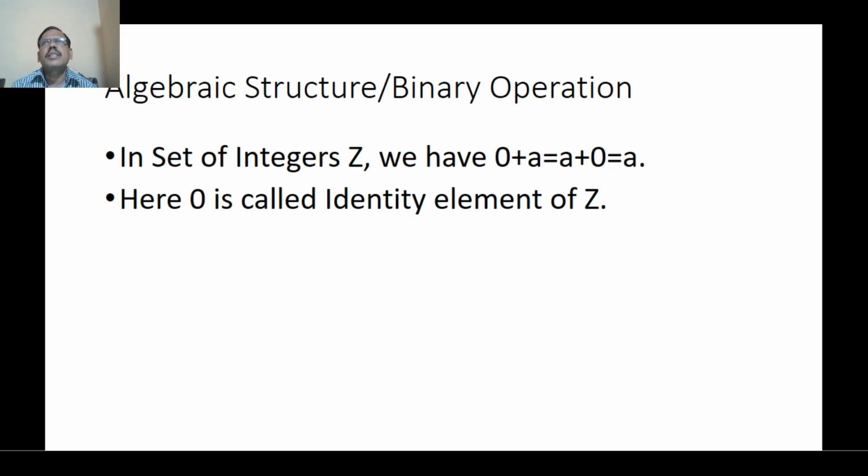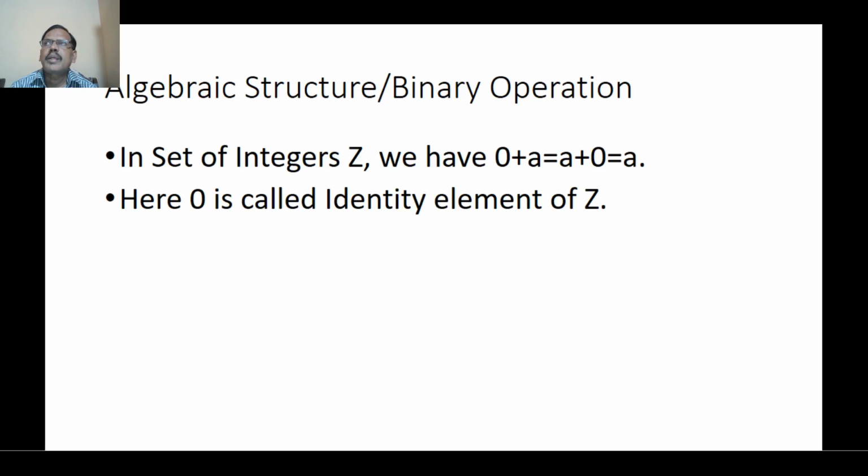Take the set of integers, consisting of positive integers, negative integers and 0. If you add any integer to 0, 0 plus A is equal to A plus 0, and we get A. So 0 plus 10 is equal to 10 plus 0 is equal to 10. 0 plus 5 is equal to 5 plus 0 is equal to 5.